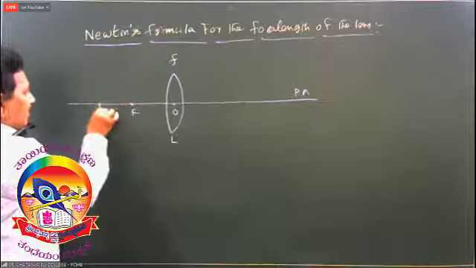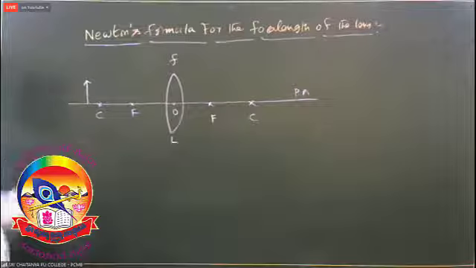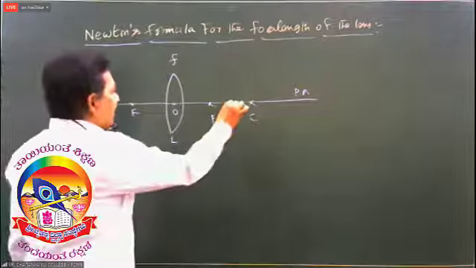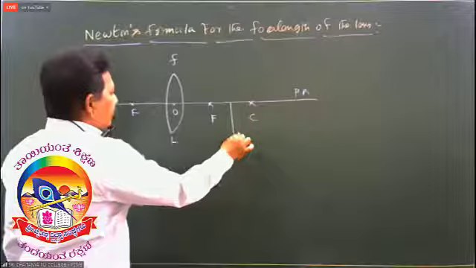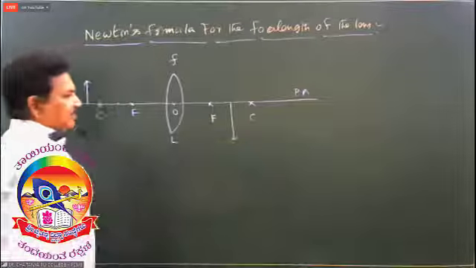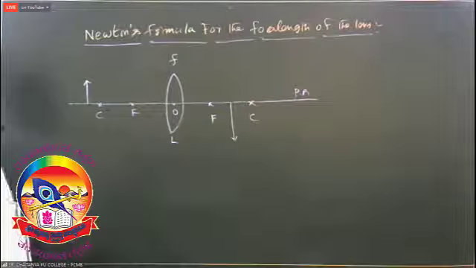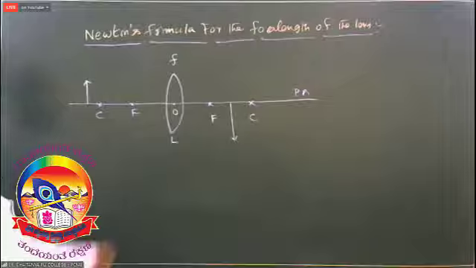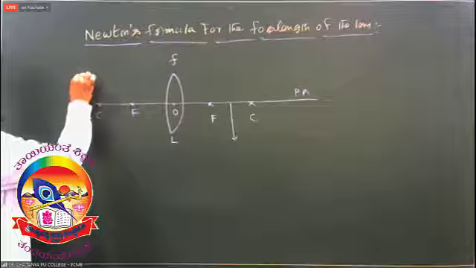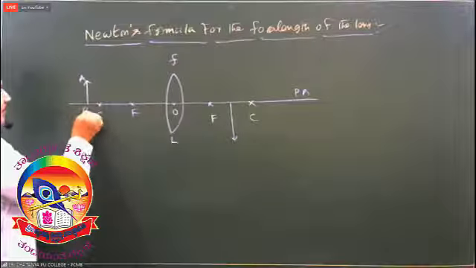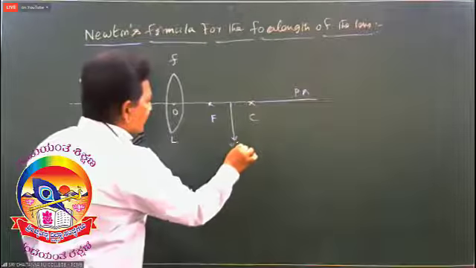This is the object. If the object is present beyond the center of curvature, the image will be formed between the principal focus and the center of curvature. AB is the object, and A dash B dash is the image.